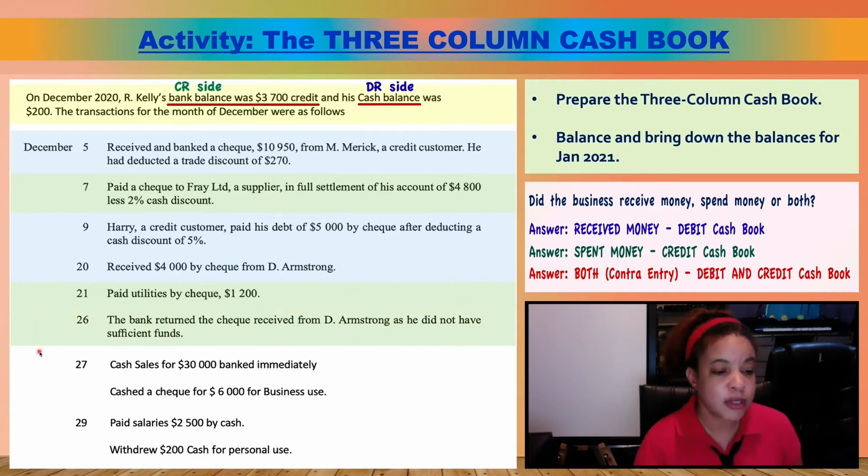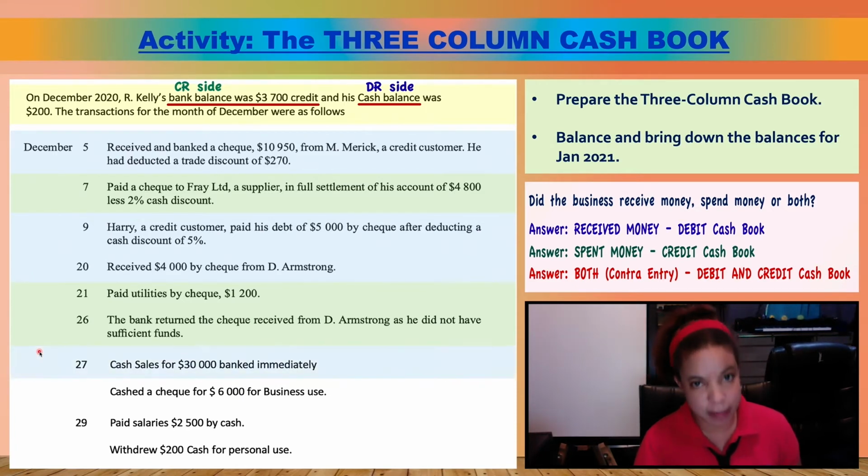We have 27th, cash sales, receiving money, debit side. And then on the 27th, again, cash day check for $6,000 for business use. You know what that is? Have you identified? It is a contra entry. So you can make a note, contra entry.